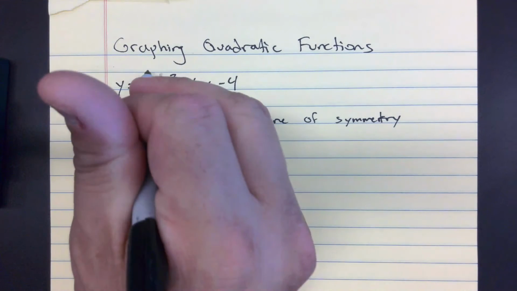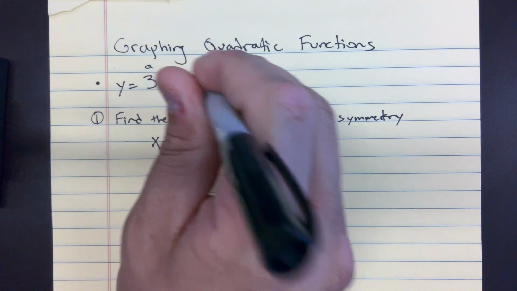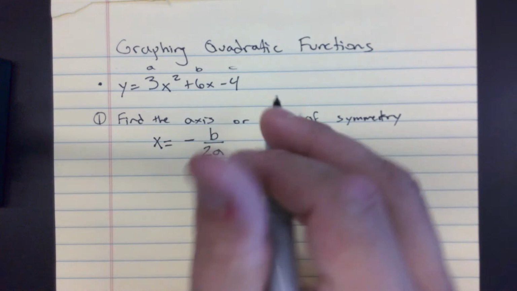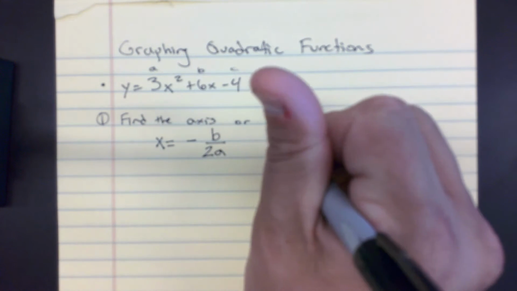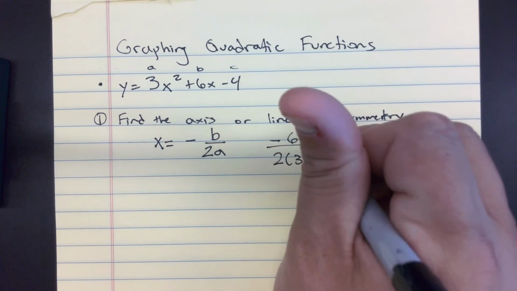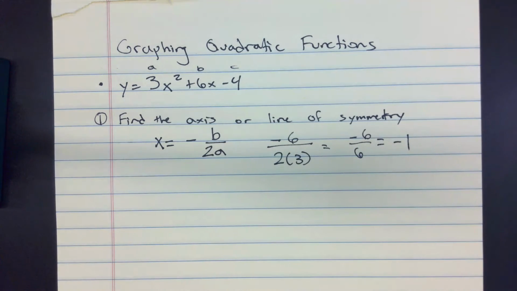Now if we look back up here at our problem, that's our a, that's our b, and that's our c. So the axis of symmetry, we're going to have a negative b, which is 6, over 2 times 3, or negative 6 over 6, or negative 1.